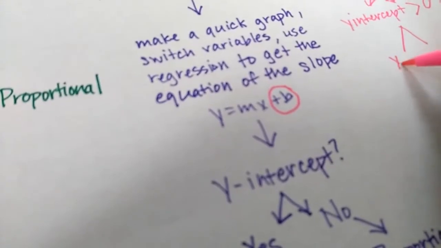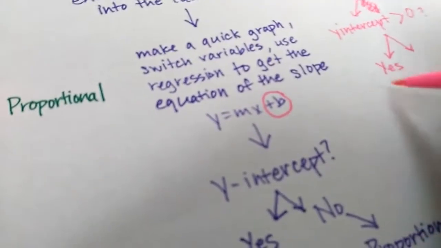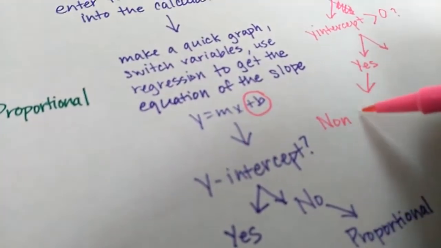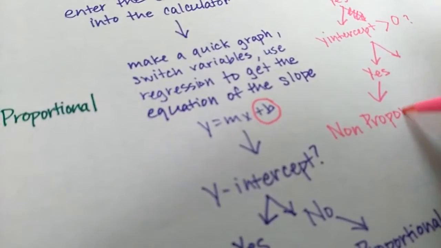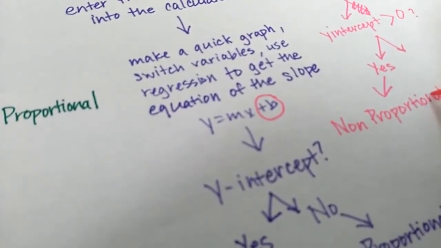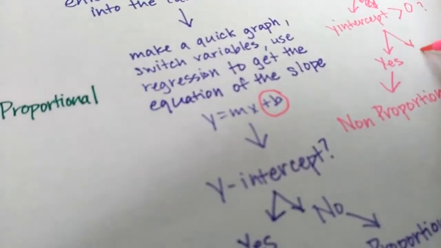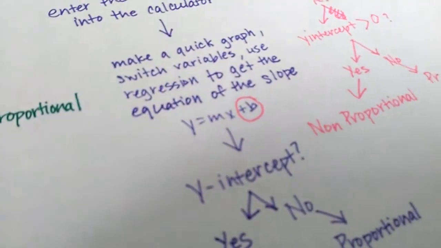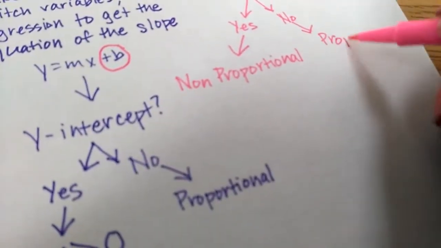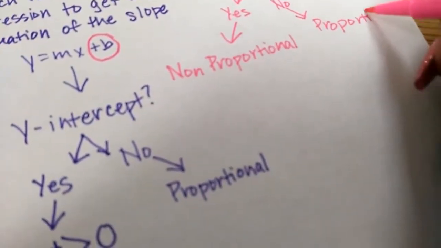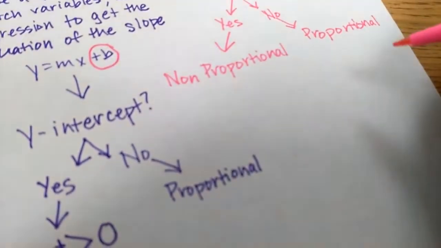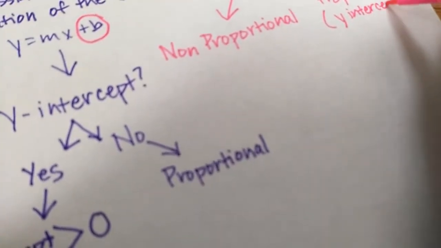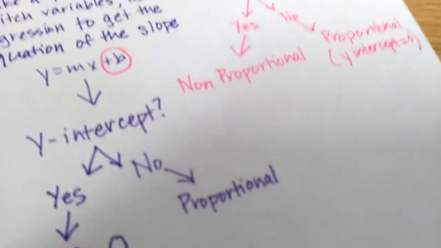If it is, then it is non-proportional. If it isn't, it is proportional, for the y-intercept equals 0, okay?